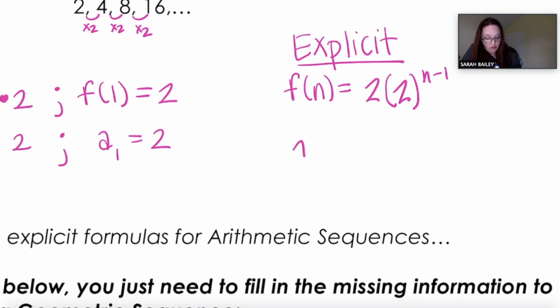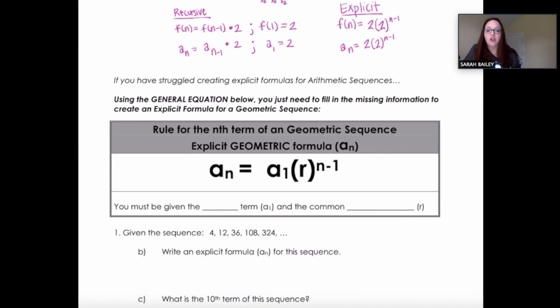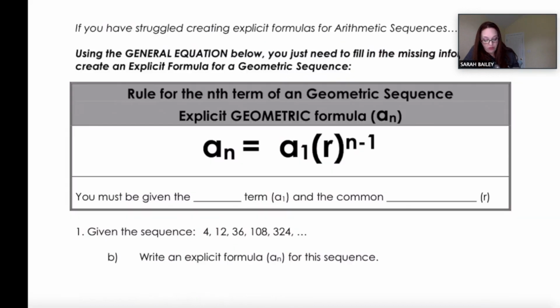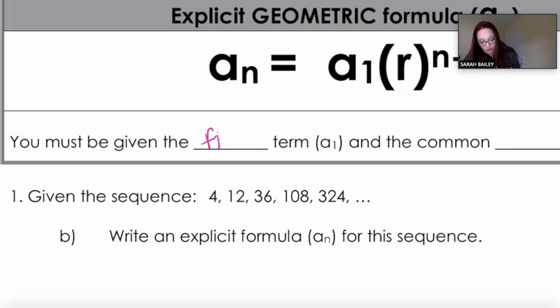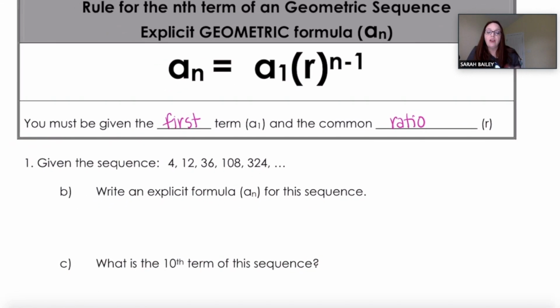If I write that using subscript notation, it'd be a sub n equals 2 times 2 to the n minus 1 power. So that's the general notation. In order to use this rule, you have to be given the first term, and you have to know your common ratio. That's that r. Okay? So let's try one of these.